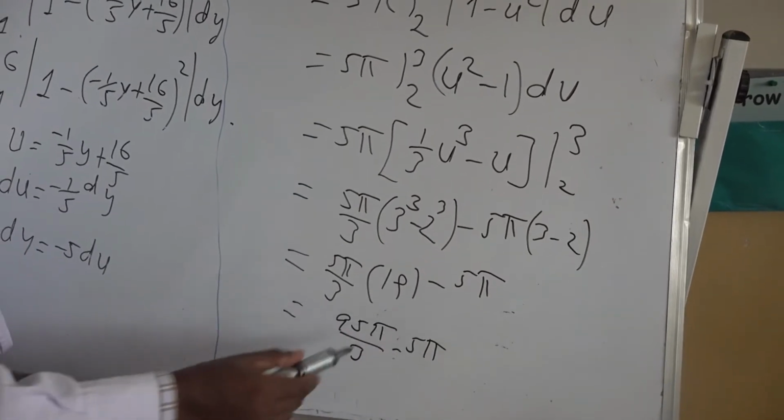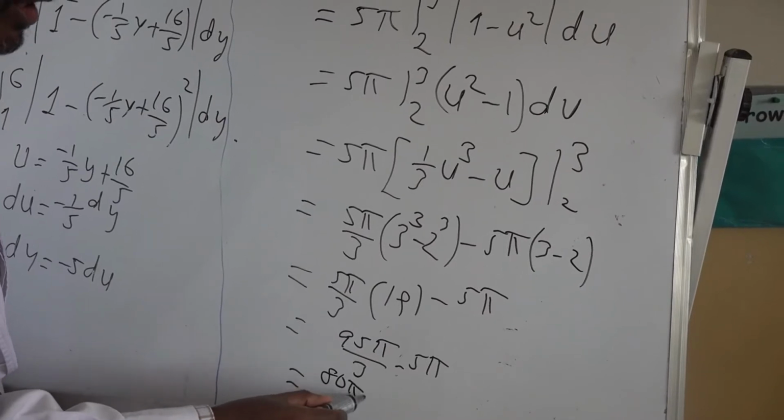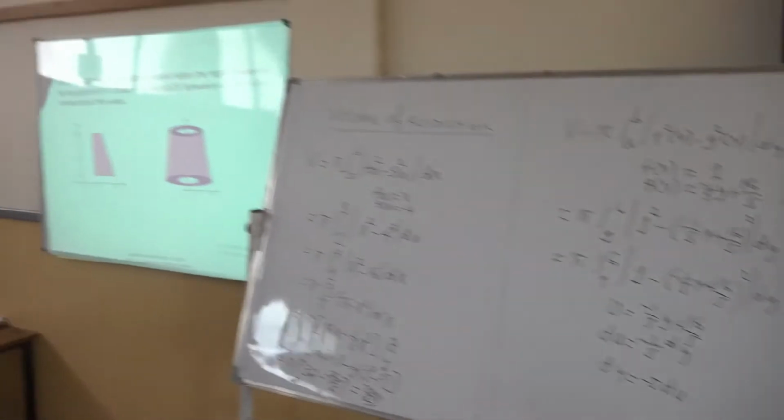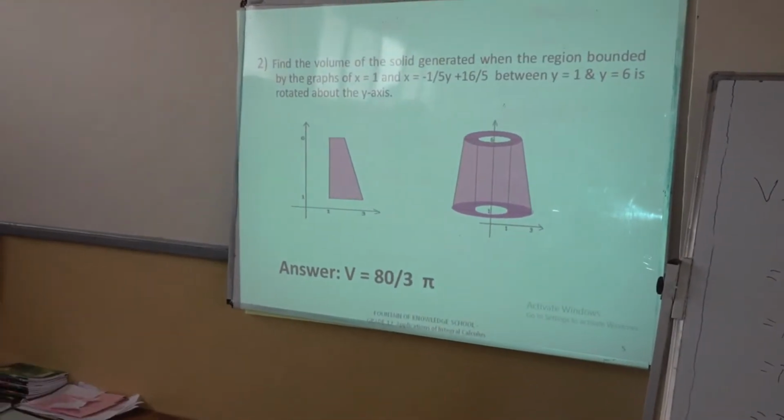Now 3 times 5 pi is 15 pi, 95 pi minus 15 pi is 80 pi. 80 pi over 3. This is the volume of the solid of revolution about the y-axis.